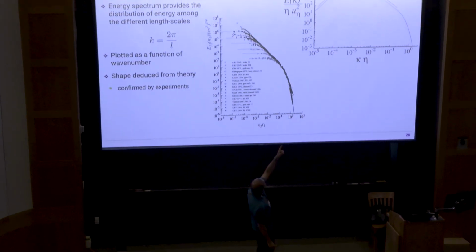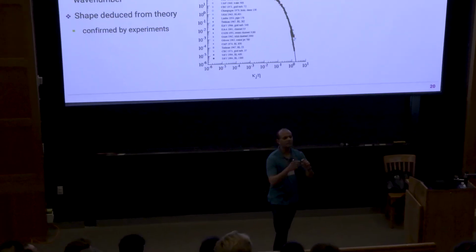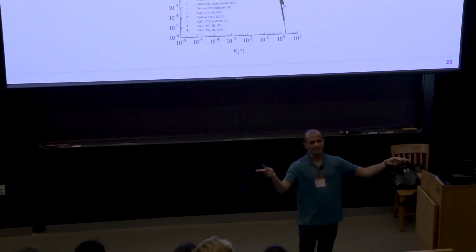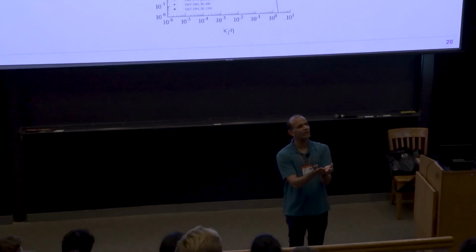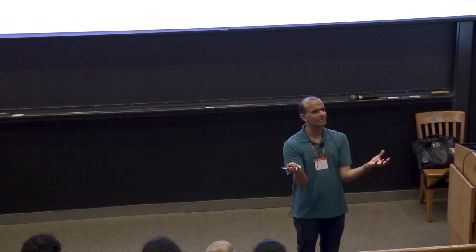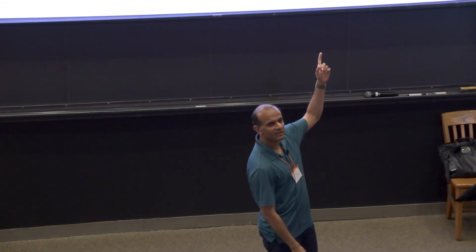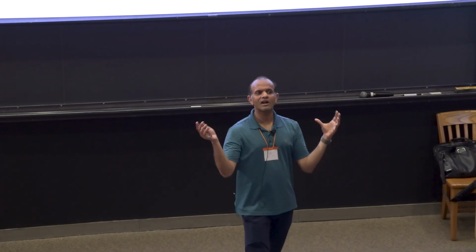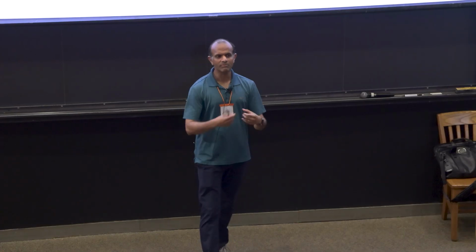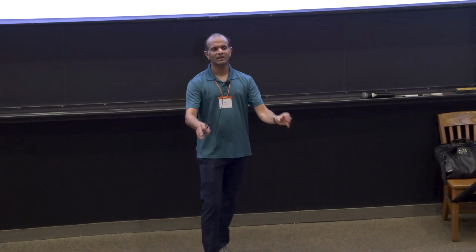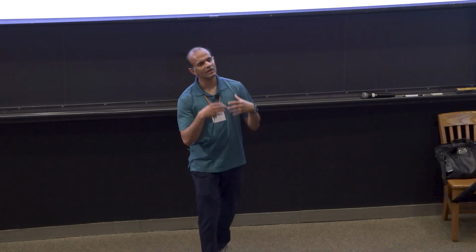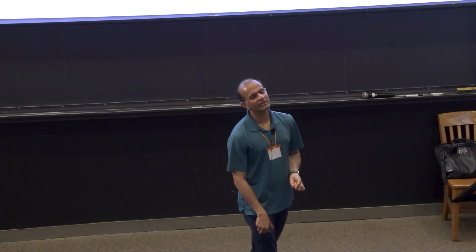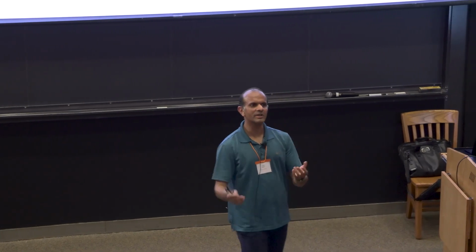So you can think of that peak to be where you find the most number of eddies. Each of them also has a lot of energy. So if you add them up, then you get a lot of energy for those scales. Really large eddies are very unstable, so they break down rather quickly. And so this intermediate range is where you find the most number of eddies with the most energy. So you see an increase until then, because those are the dominant ones, and then again it decreases because they break down after that.